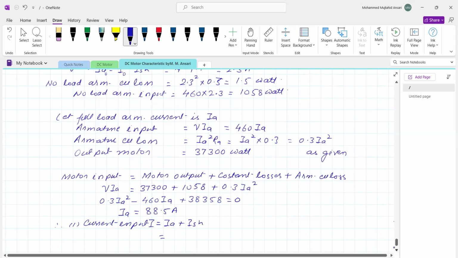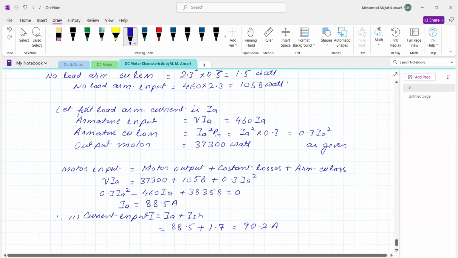So the value of current is 88.5 plus 1.7 equals 90.2 ampere. So this is the first point.